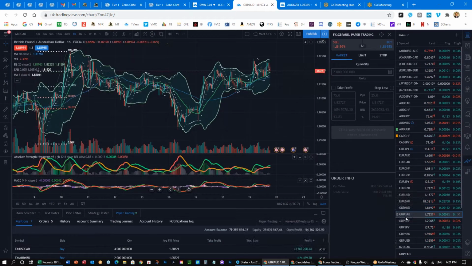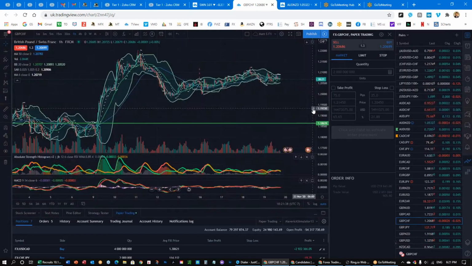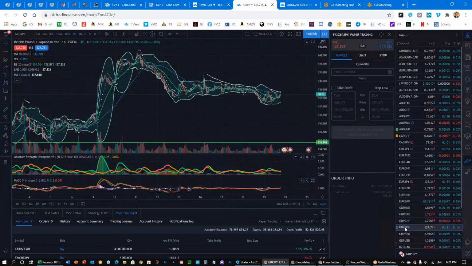Pound Aussie. See, here's another one that's really, well, apart from this, it's really been calm. Let's check this one. See, right there would have been great. That's a good choke point.